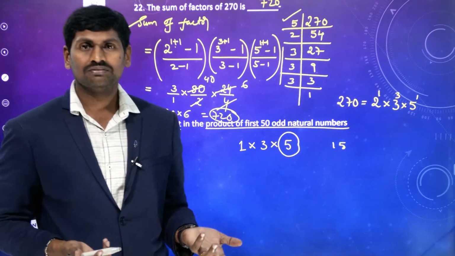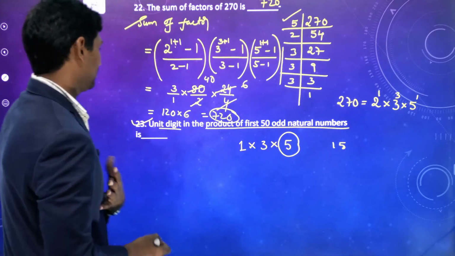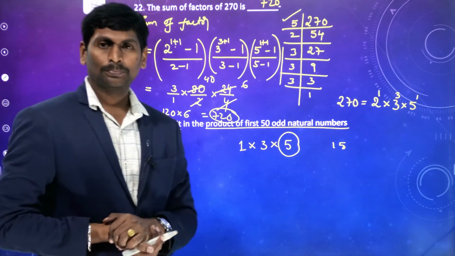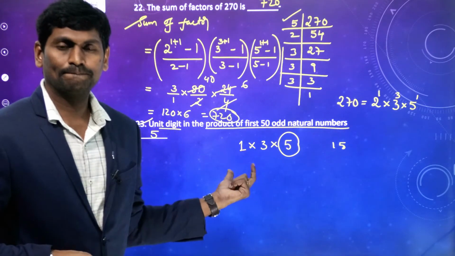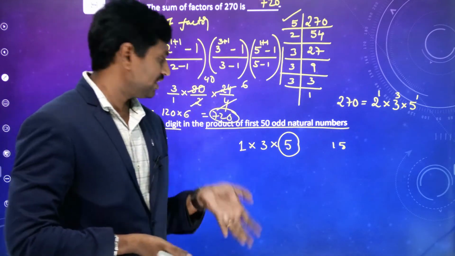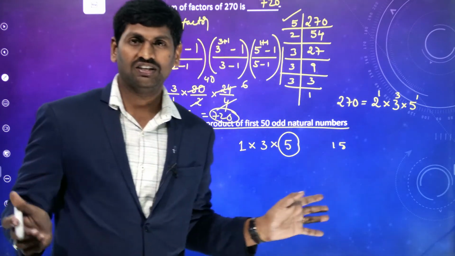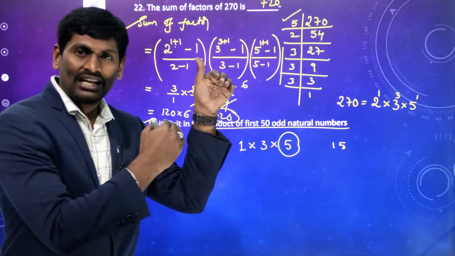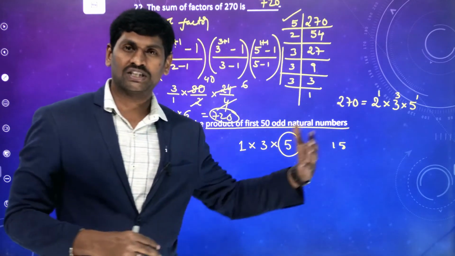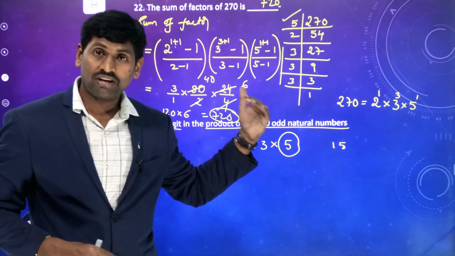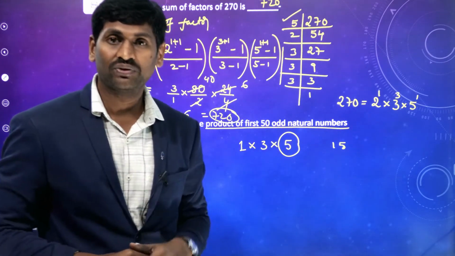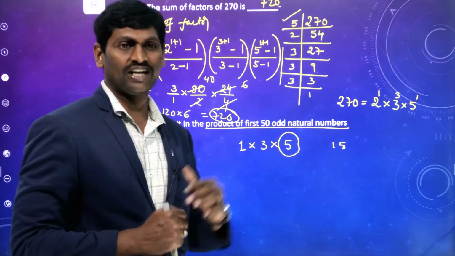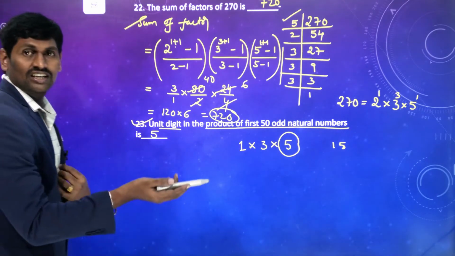Obviously it will give 5 as the unit digit. That's it. Very easy, right? Just basic general thinking. No need to multiply, no need to use the formulas and all. Just general checking. When 5 is multiplied with even numbers it gives unit digit 0. When it is multiplied with odd numbers, it will give the unit digit 5. Very good. Okay.